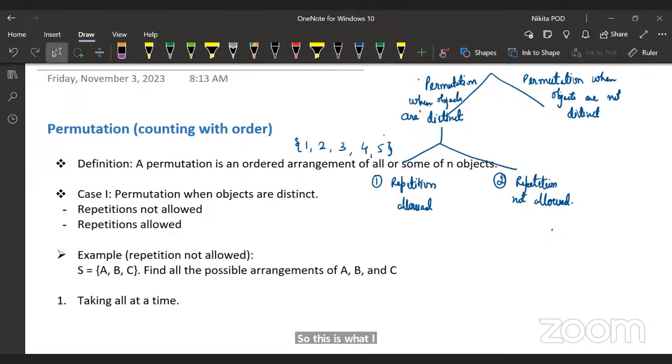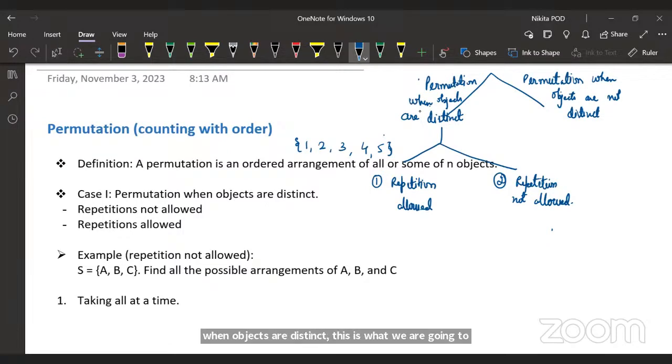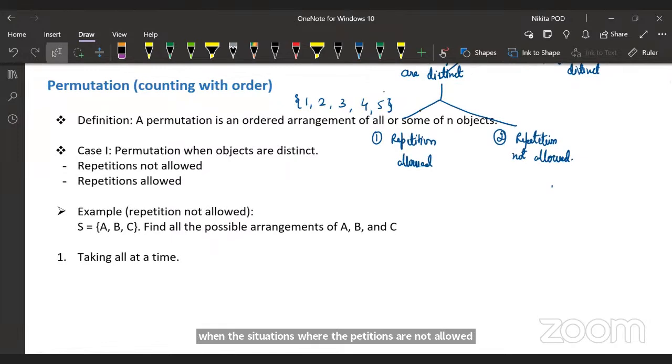So this is what I have written over here. Case one, when objects are distinct, this is what we're going to talk about first. In that, first we're talking about situations where repetitions are not allowed, and how you make the arrangement of those objects.